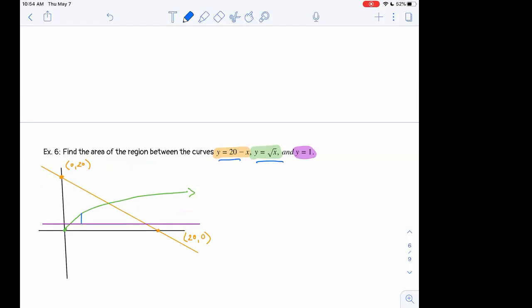So that first blue rectangle, what's the top curve? Square root of x. It is the green one, yes, and the bottom curve is? 1. 1, okay. Does this second blue rectangle have the same top and bottom curve as the first one we looked at?